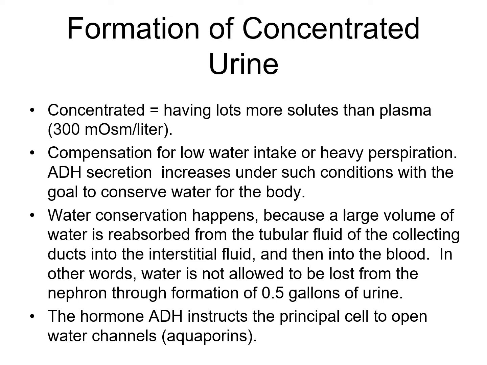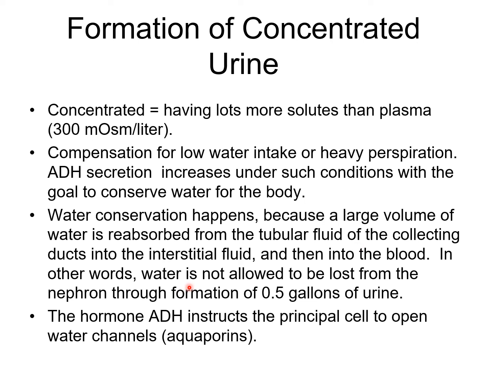So concentrated urine, here are some of the scenarios. We have, for some reason, a water deficit in the body, and we can replenish that missing water from the forming urine that's flowing through a collecting duct and the late distal convoluted tubule.